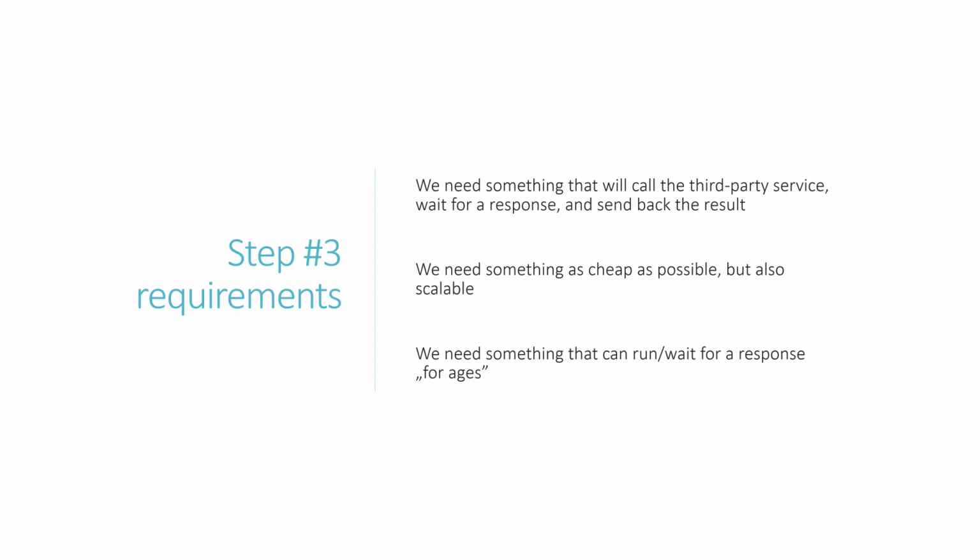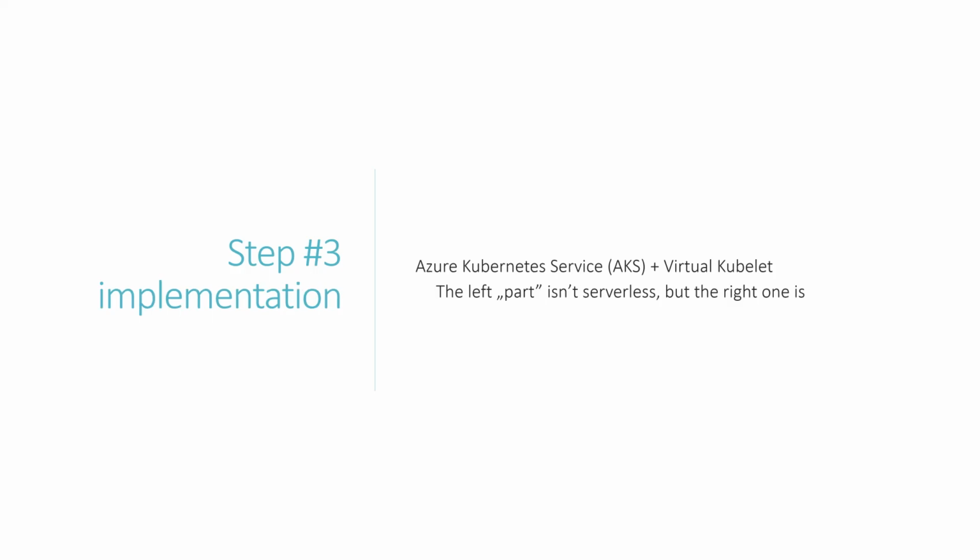Next step is we actually need something that will be alive for as long as the third-party service is processing. And that something needs to be as cheap as possible, but also quickly scalable. So functions aren't really a thing for this. What is a solution here is yet another Kubernetes service and a virtual kubelet. Why?